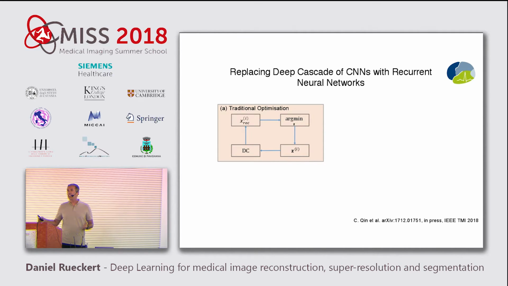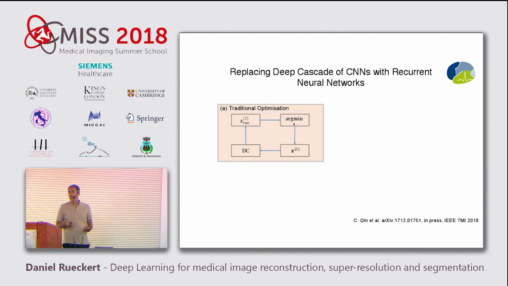Effectively, the deep cascade does an iterative process of optimization. In classical optimization, you try to recover your image, you solve an optimization problem, typically over a different domain Z, because you have regularization and so on. You recover your optimal parameters, you make it data consistent, and you keep on iterating this. And that's exactly what we have done in our CNN. We've basically unrolled this into this long, deep cascade.